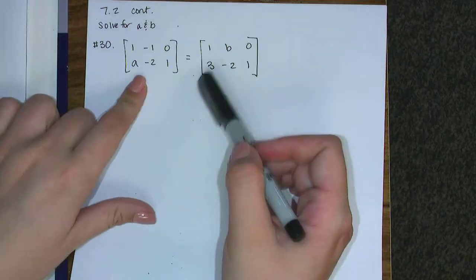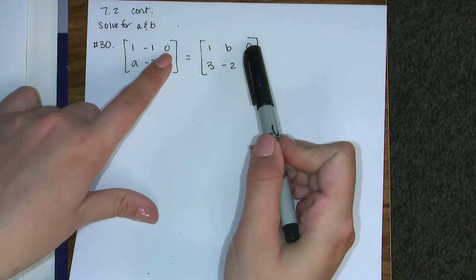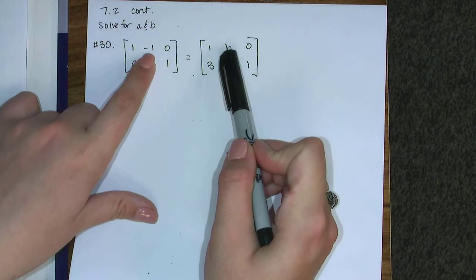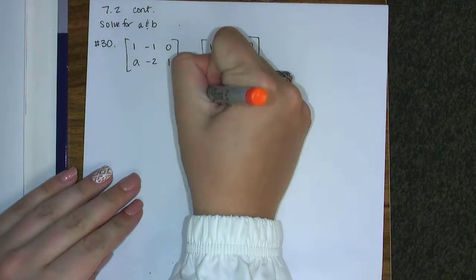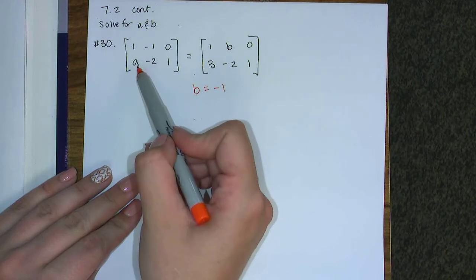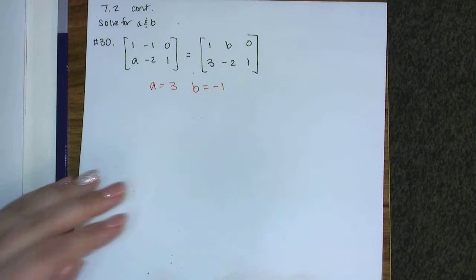That means I can just take whatever is in the place here and they should be equal to each other if this is true. So that would mean that B is equal to negative 1. I'm just working my way down. And then that A, it's in the first spot, so it would be equal to 3. And that's all you have to do for those ones.